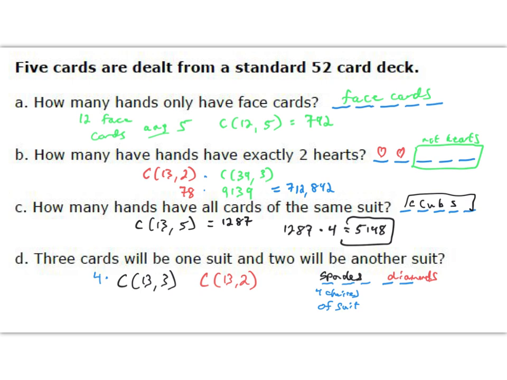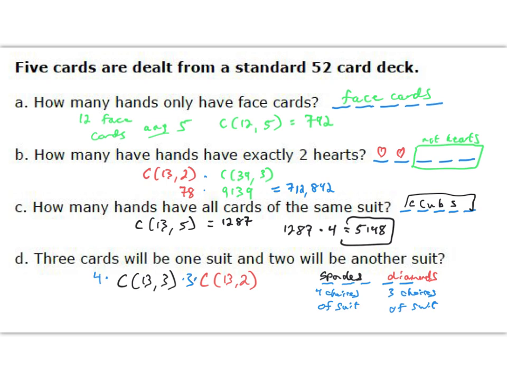Now, once you've selected the 3-card suit, now you've got to go and select the 2-card suit. And you can't use the same suit twice. So here you have 3 choices of suit. So I'm going to multiply that by 3 as well.